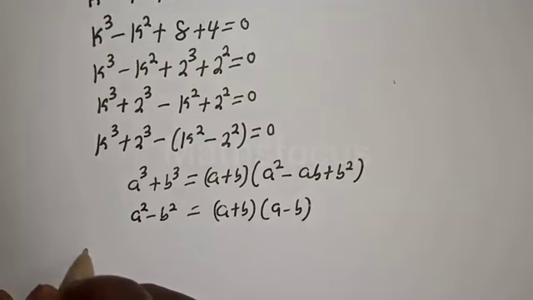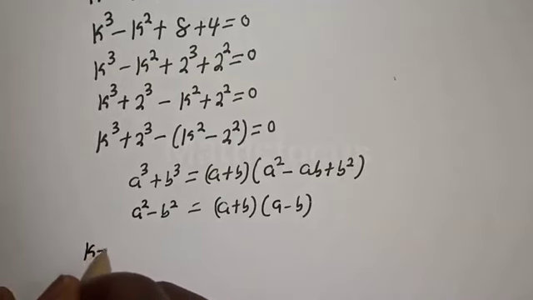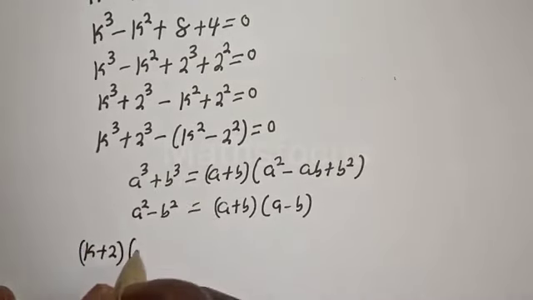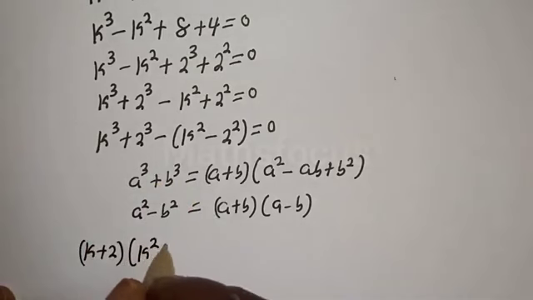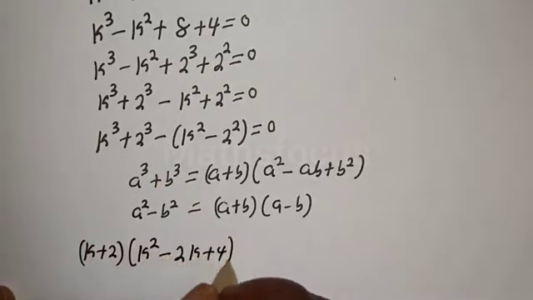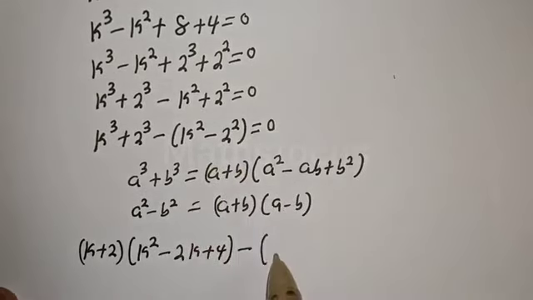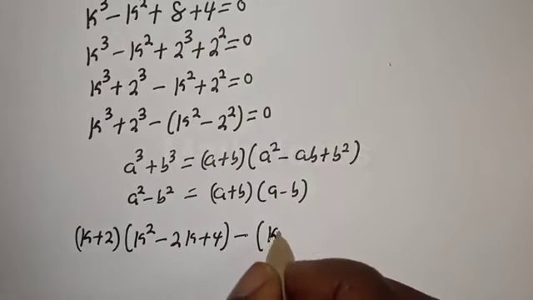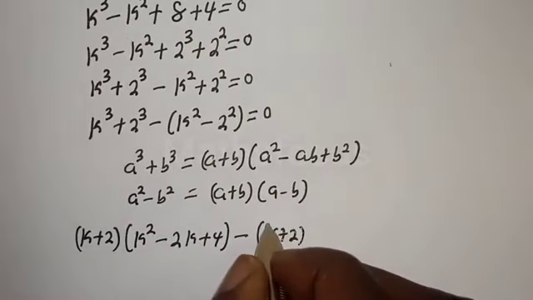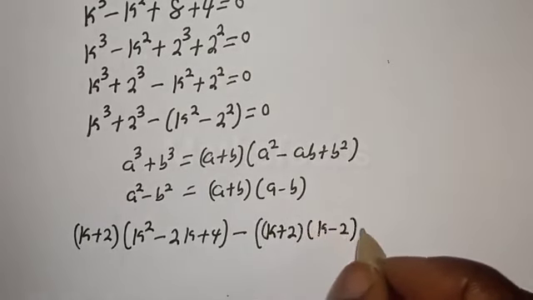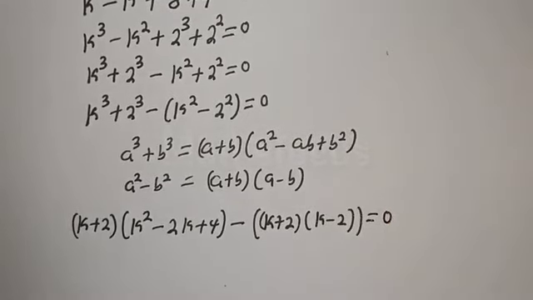Here is k plus 2 bracket k squared minus 2k plus 4, minus k plus 2 multiplied by k minus 2, is equal to 0.